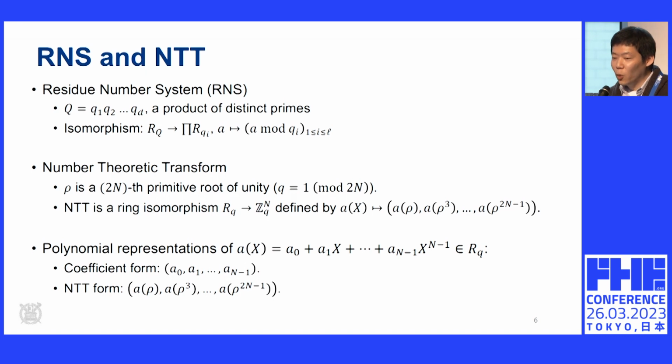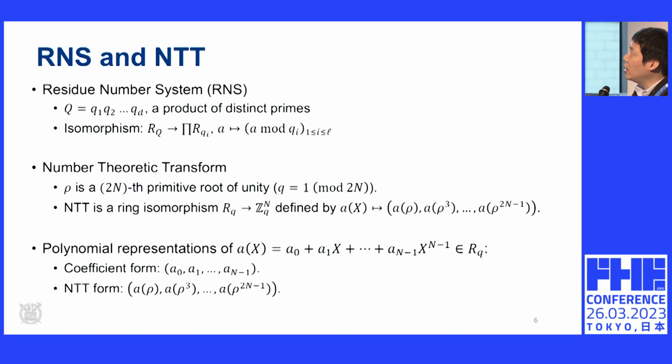Okay, so some boring part. In many HE schemes, we use RNS and NTT. RNS stands for residue number system. When you set this ciphertext modulus as a product of distinct primes, you can actually use a ring isomorphism from the Chinese remainder theorem.